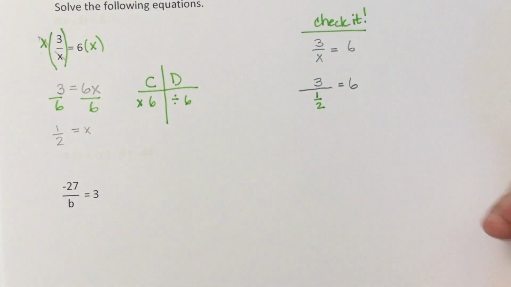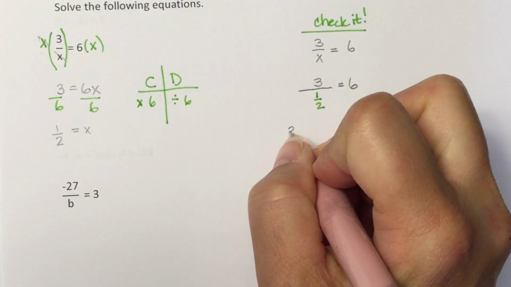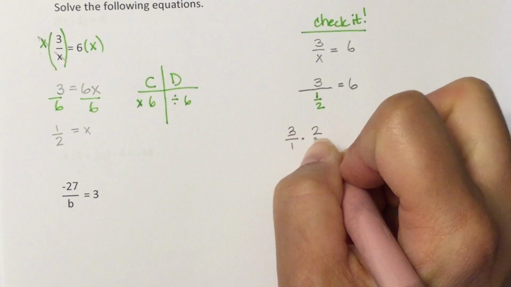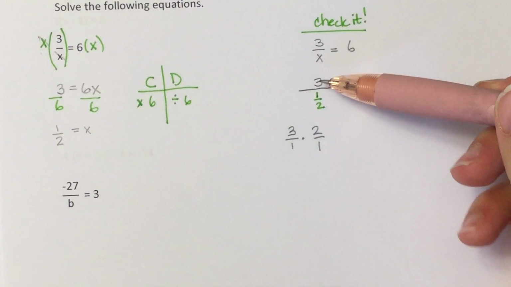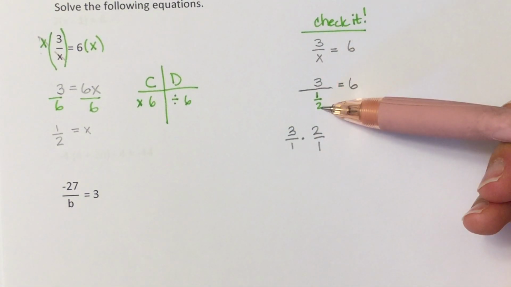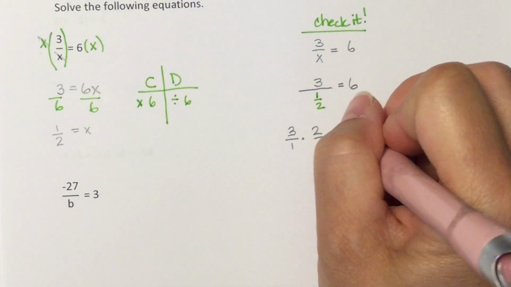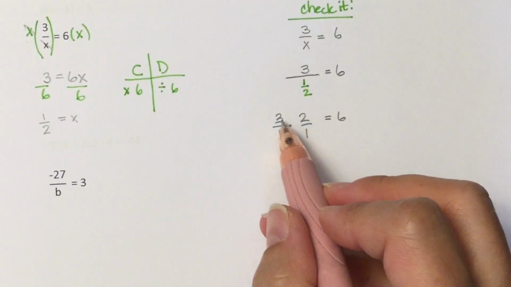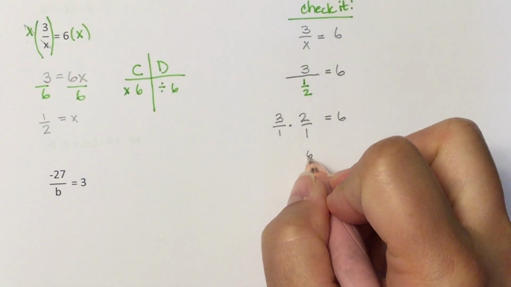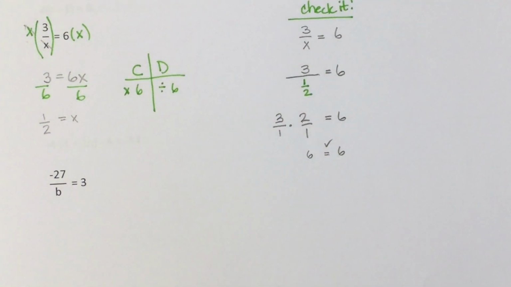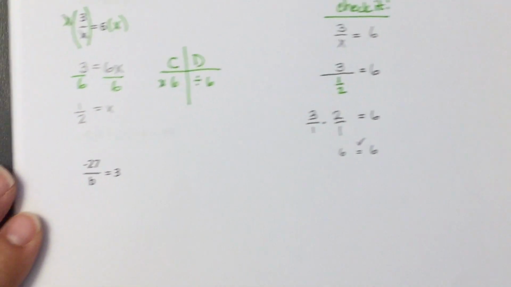That's the same thing as writing 3 over 1 times 2 over 1, right? Because by our laws of division, if we're dividing by a fraction, you invert the fraction and then multiply. 3 times 2 is 6. 1 times 1 is 1, so 6 equals 6. Right on.